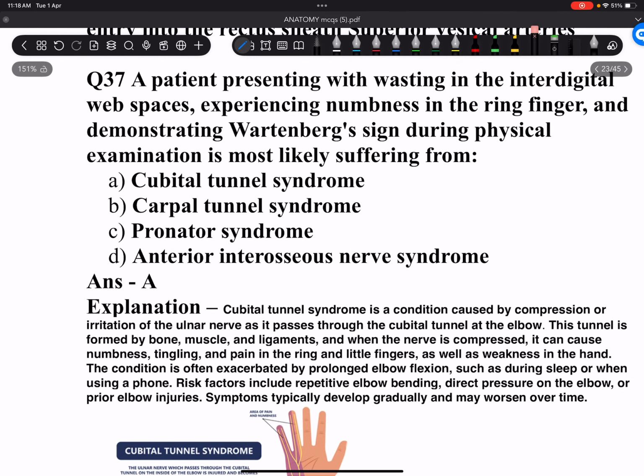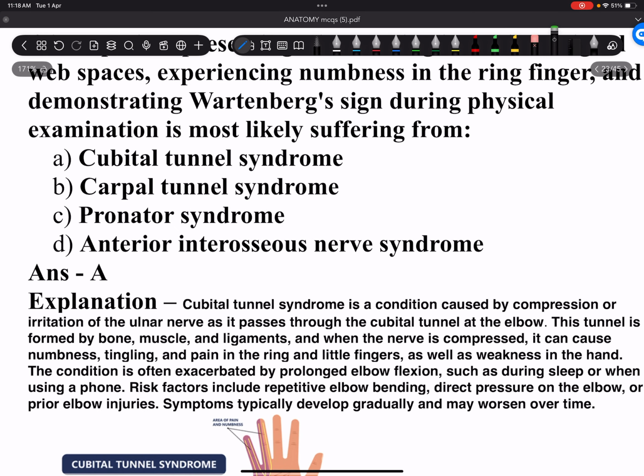Explanation: cubital tunnel syndrome is a condition caused by compression or irritation of the ulnar nerve, right? What nerve gets compressed?